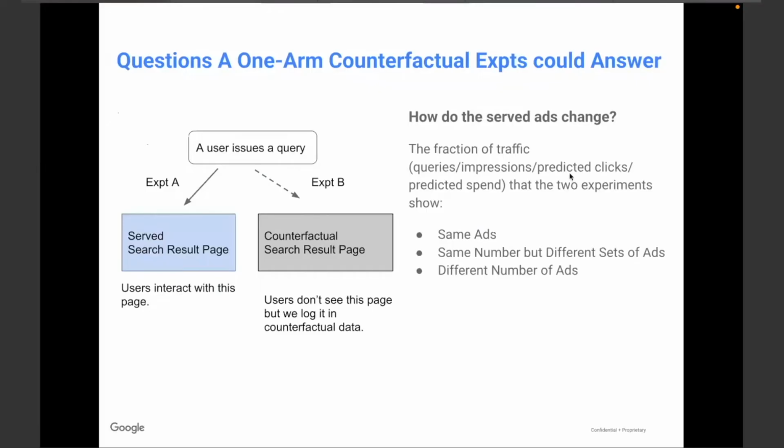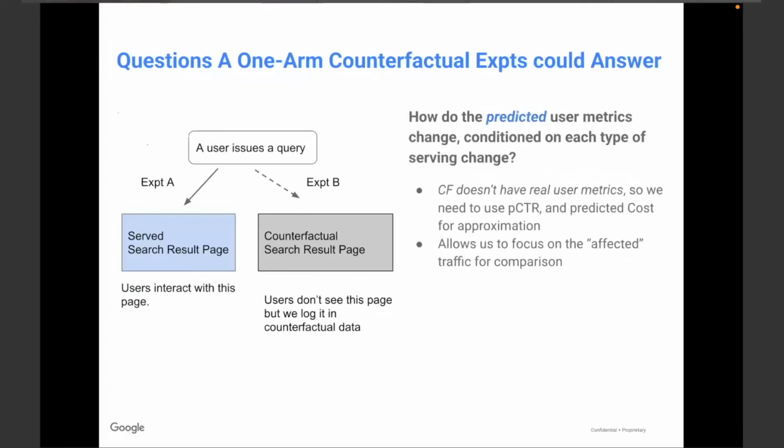Here is very important: predicted signals tell us whether we're serving the user better predicted ads or worse predicted ads. It will also help us understand on how many of the queries we are showing exactly the same ads, how many we're showing the same number of ads but a slightly different set, or sometimes a different number of ads. Do we think showing a different number of ads in this case is better or worse for the user?